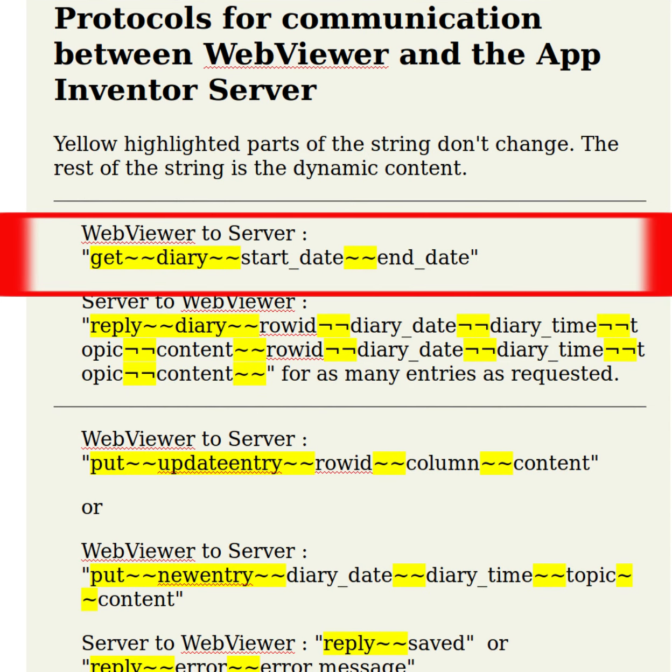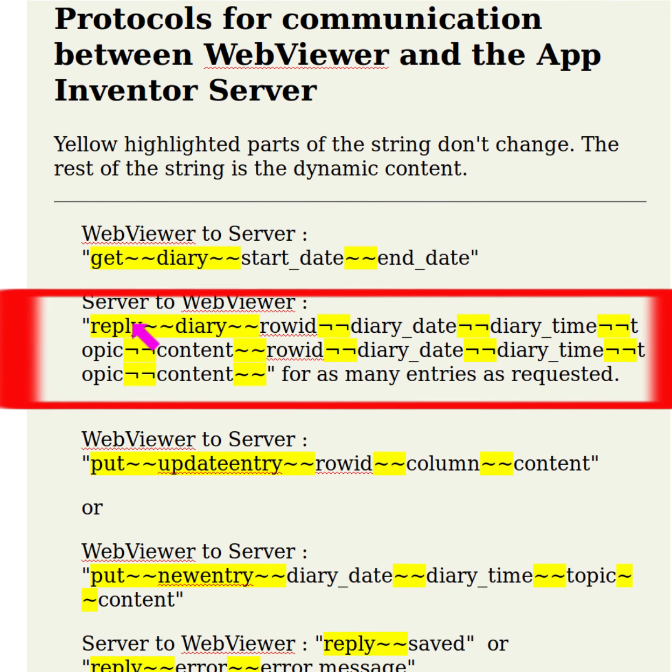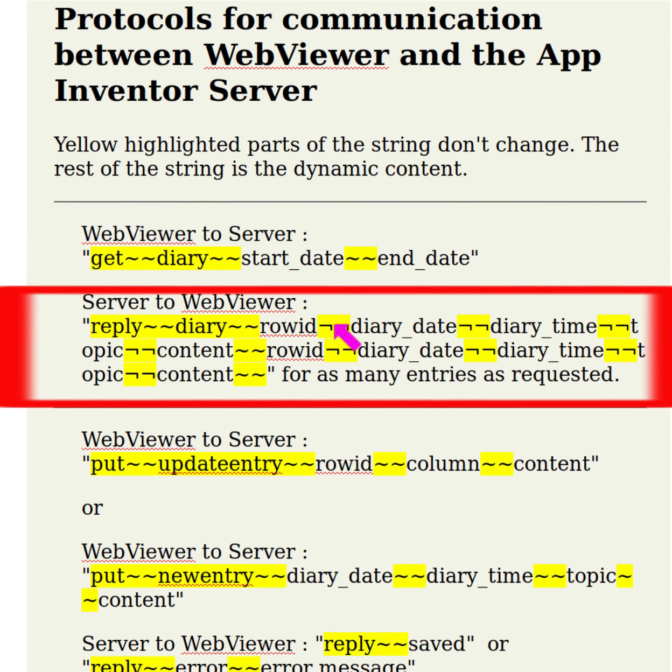So the web viewer gets ~diary, start date, end date. And the server replies ~diary, row ID, and then we'll use our double not symbols to separate diary date, diary time, topic, content.